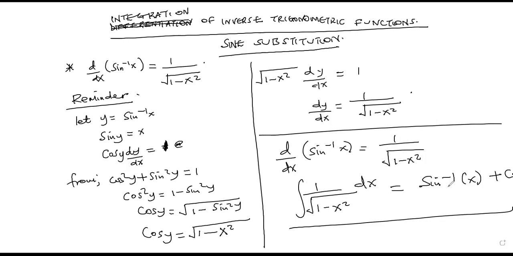Now, we're going to look at this concept. All this result will enable us to integrate all functions of the form the integral of 1 over the square root of a squared minus b squared x squared. Remember, our integral had 1 over the root of 1 minus x squared.